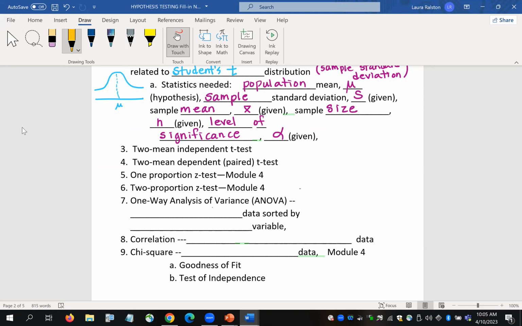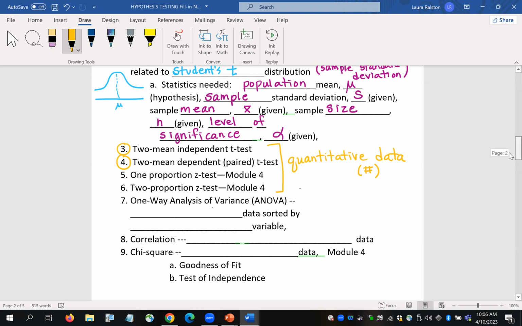Now, all of those, just as a side note, do relate to quantitative data. Okay, so again, for all of these, we will have numbers. And we'll talk more about what information is needed when we get to those problems and how we know that we should use one of those tests. The two mean tests are in Module 3, and as noted, the proportions are in Module 4.